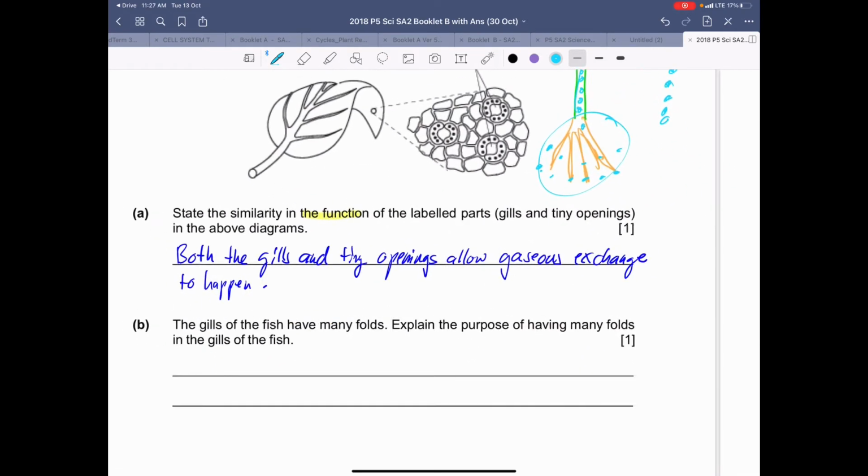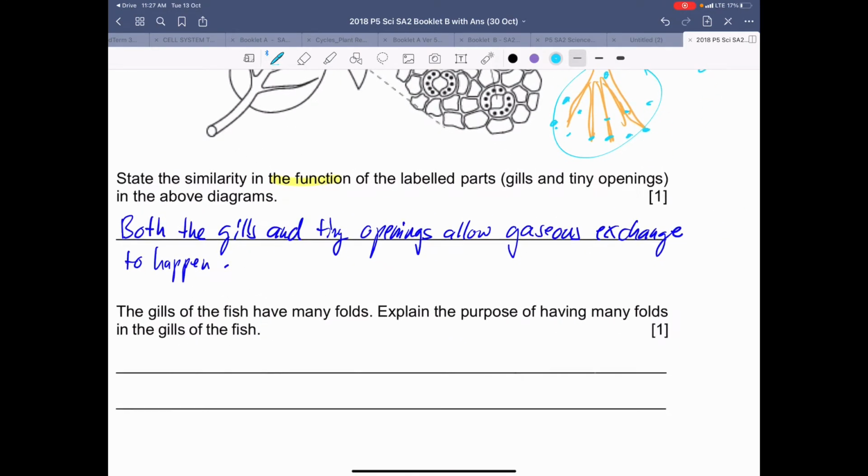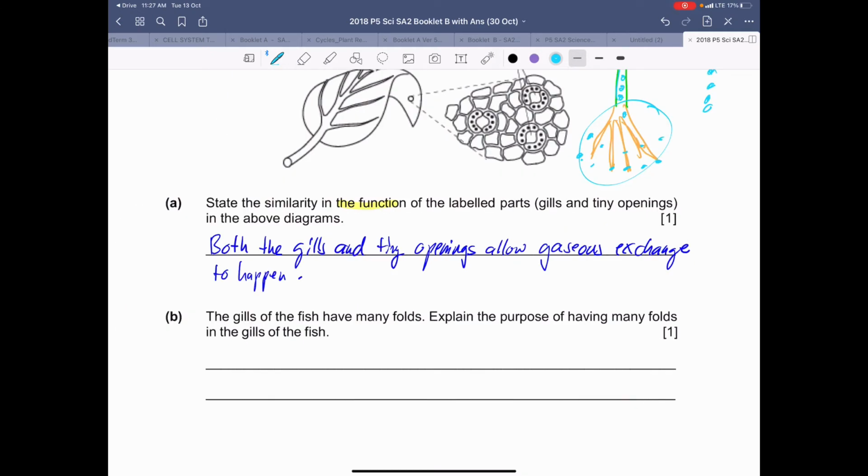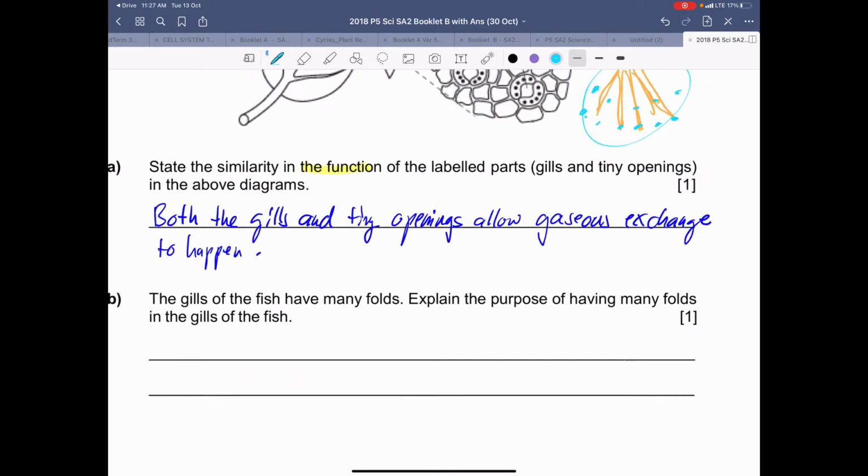Next, the gills of the fish have many folds. Explain the purpose of having many folds. Now, what is the problem with most of your answers? Firstly, you must understand, the folds are an adaptation to make a job more efficient.